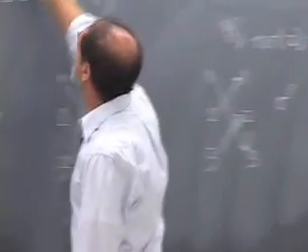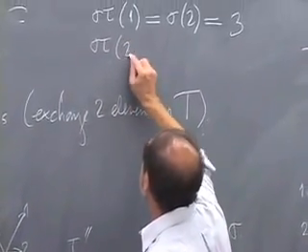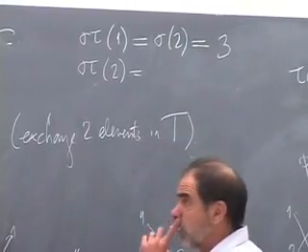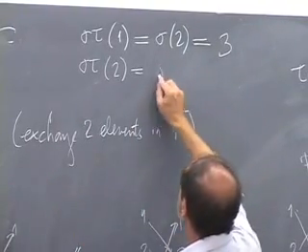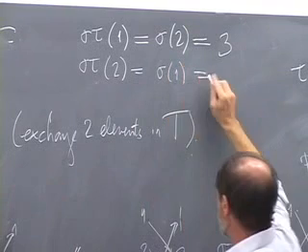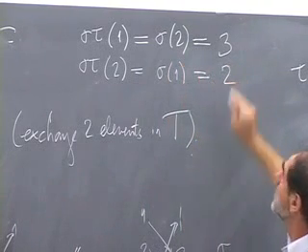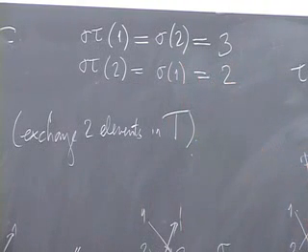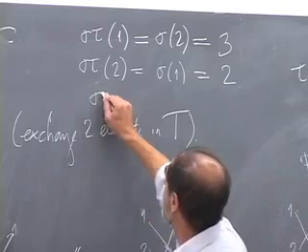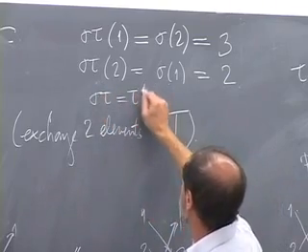Well, let's compute sigma tau of 2 just to kill the suspense of it all. Tau of 2 is 1, so this becomes sigma of 1. Sigma of 1 is 2. So it fixes 2, and therefore it's equal to tau double prime, right? So therefore sigma tau is equal to tau double prime.